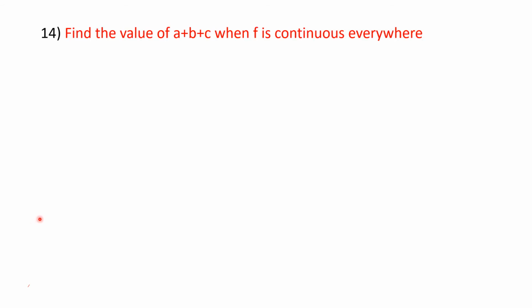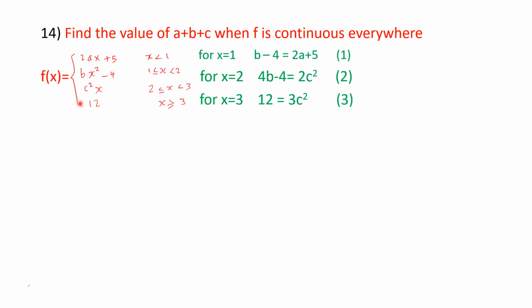The next question is question number 14. We have to find the value of the sum of a plus b plus c when f is continuous everywhere. And here is our function f. So f of x is a piecewise function.